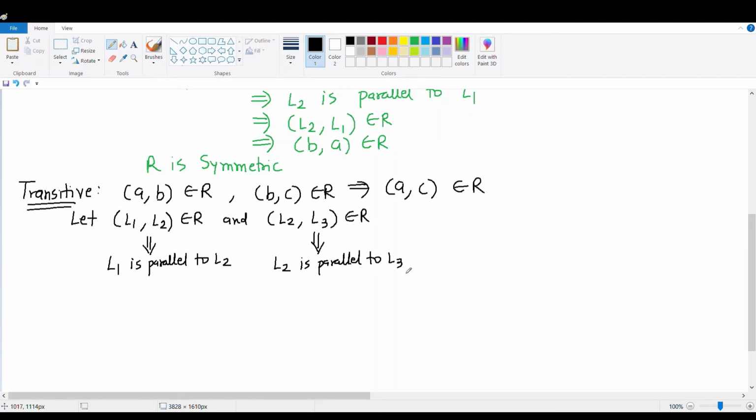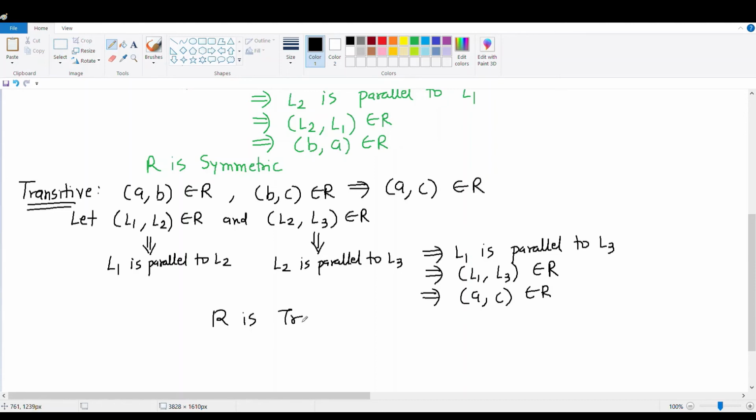parallel to L3. Now if L1 is parallel to L2 and L2 is parallel to L3, we can say L1 is parallel to L3. And since L1 is parallel to L3, we can say (L1, L3) belongs to R. And that means (A, C) belongs to R, because our L1 is A, L3 is C. And since we just proved that (A, C) also belongs to R for (A, B) and (B, C) belonging to R, that means R is transitive.